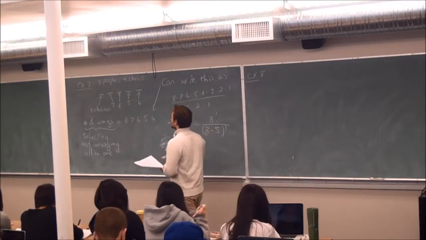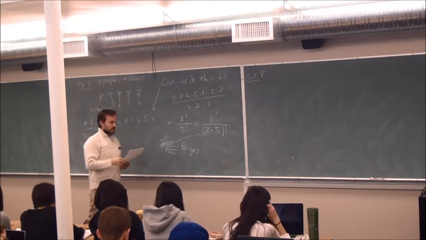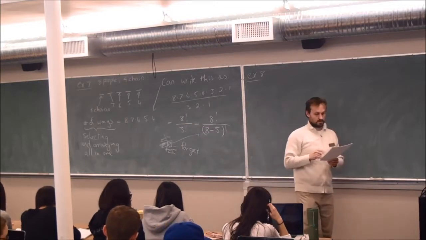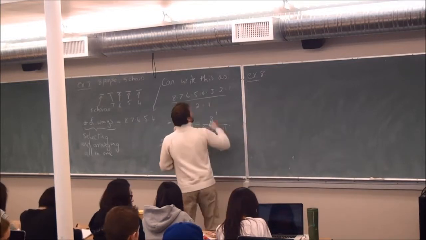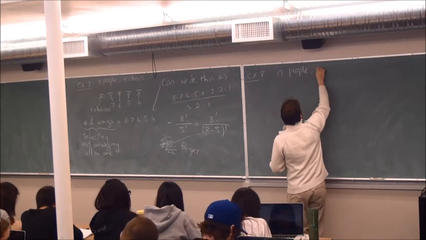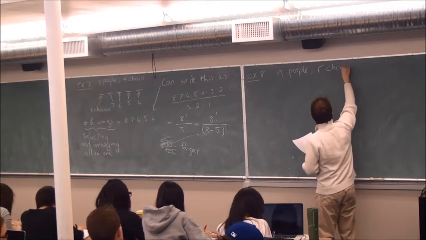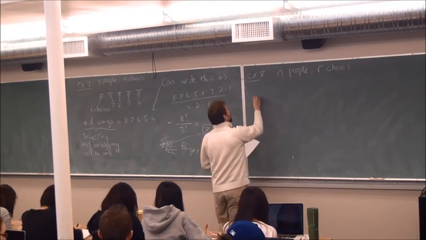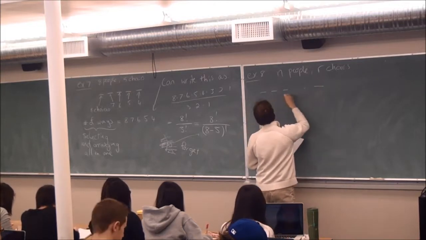If I generalize this to not necessarily 8 people and 5 chairs, but I'm selecting R people from a larger group N. So let's say here I have N people and R chairs. Could be 8 and 5, might not be. What happens then? Well, 1, 2, 3, all the way to R.